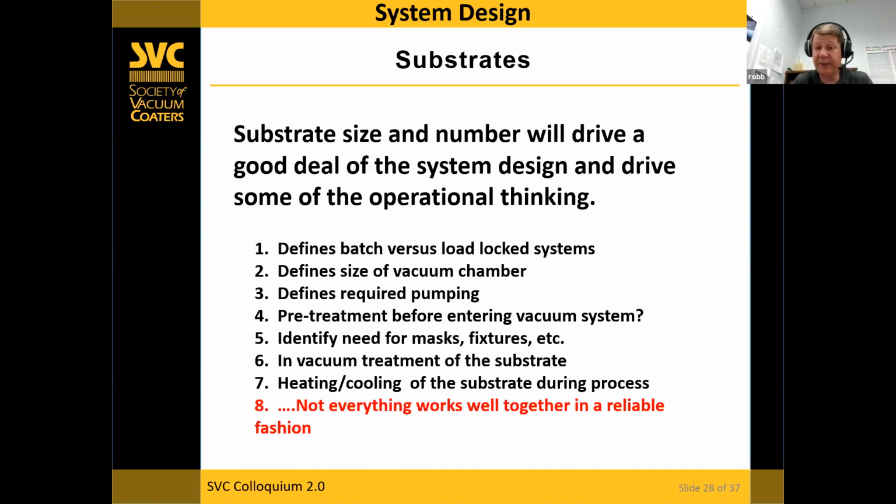I've actually had serious conversations with customers: hey, in the winter, I have no trouble pumping my chamber down. In the summer, when it's hot and humid out, I have all sorts of trouble pumping my chamber down to base vacuum. It's quite obvious to those of us who have been in the vacuum industry for a while why that's occurring.